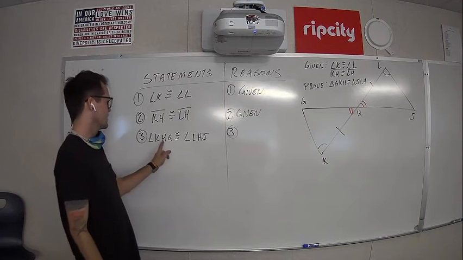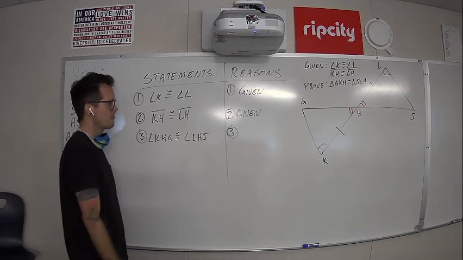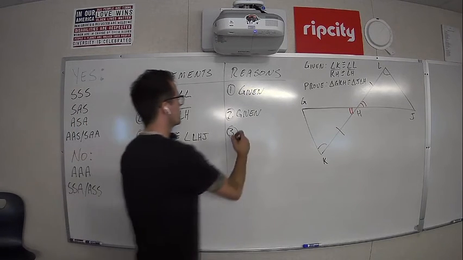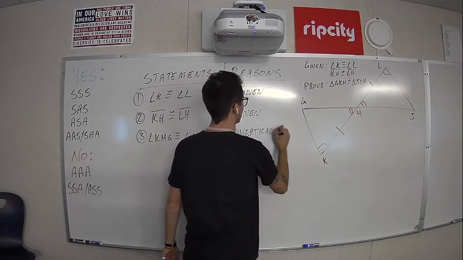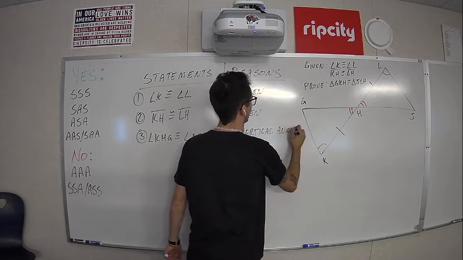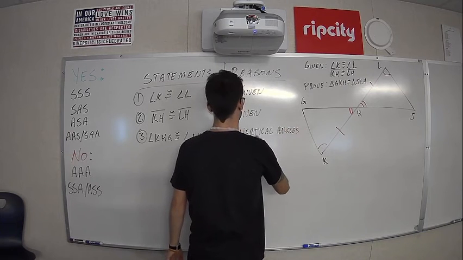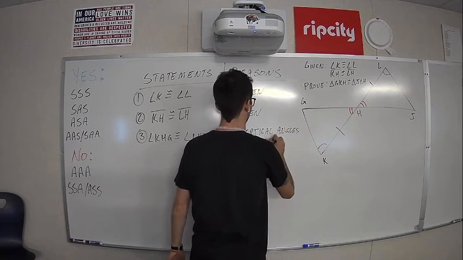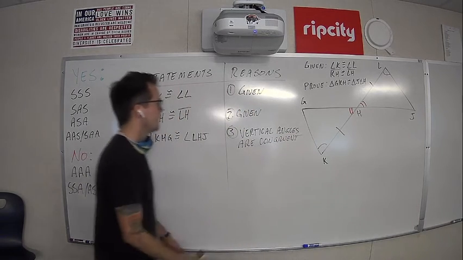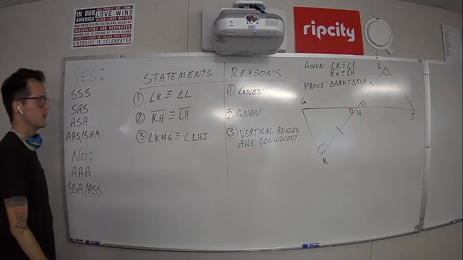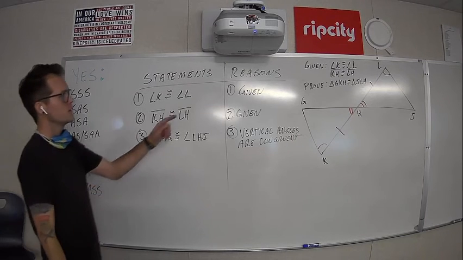The key thing is that the vertex is the one smack in the middle. Okay, how do we know that this is true? Vertical angles are congruent.